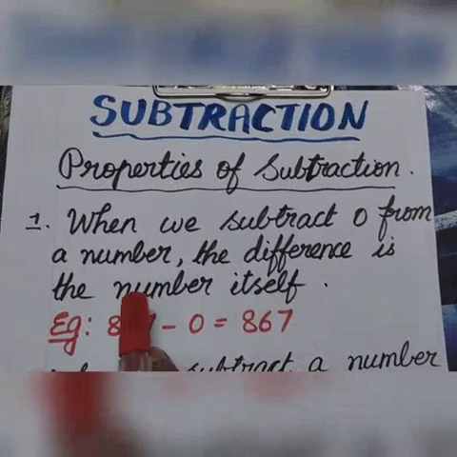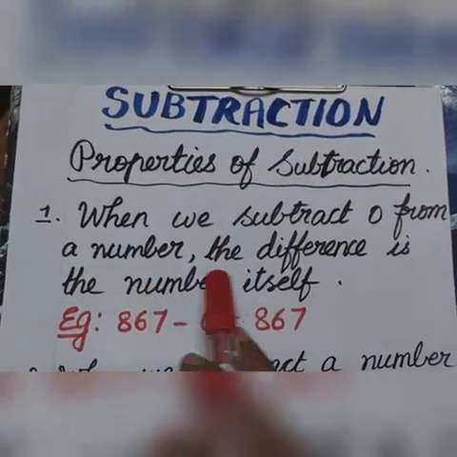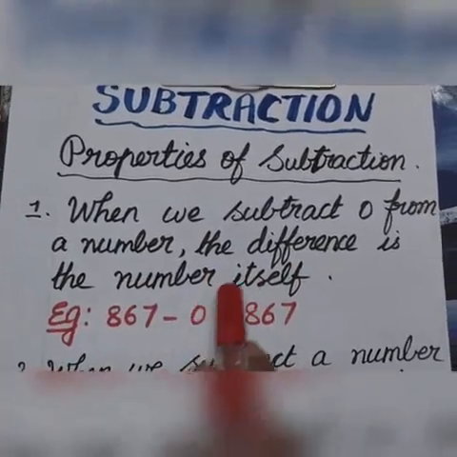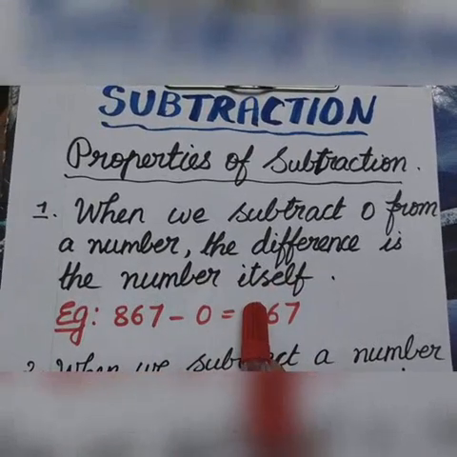What's the first property? When we subtract 0 from a number, the difference is the number itself.